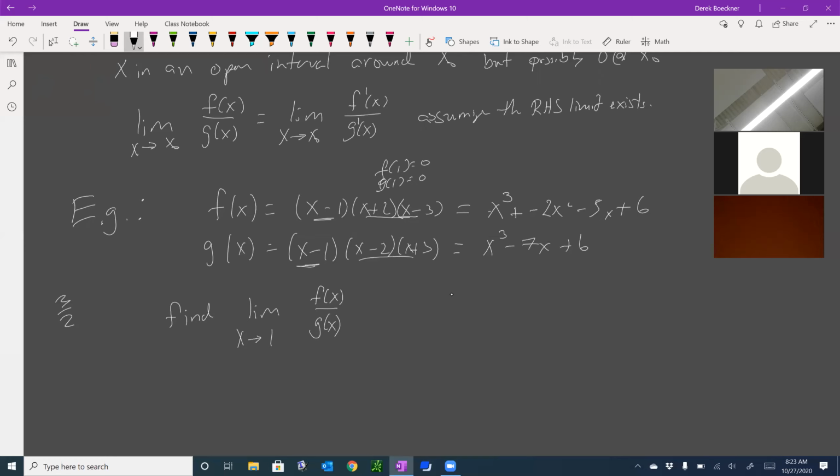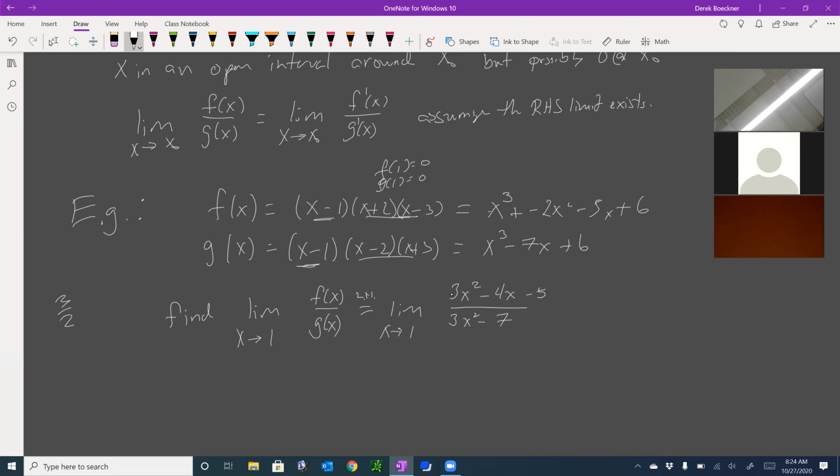L'Hopital's rule lets us do this easier. So by L'Hopital's rule, this is the limit as x goes to 1 of 3x squared minus 4x minus 5 over 3x squared minus 7.